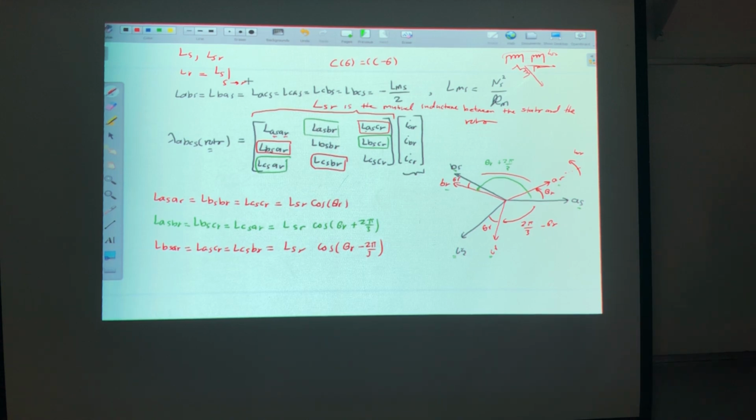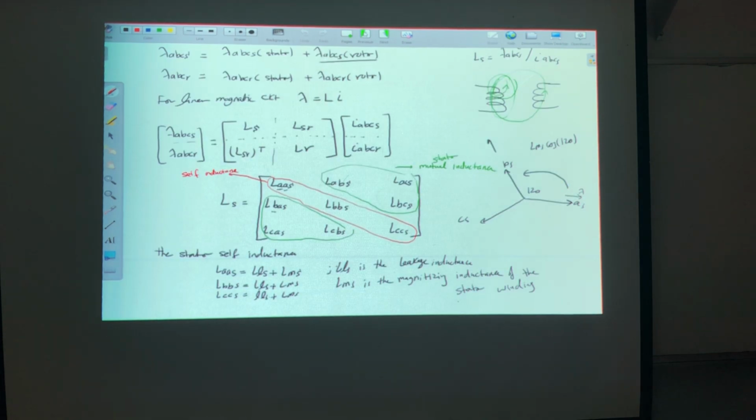So simply here, if I came back here, what is it? You see the LS? This will be LR equal LAAR, LABR, and so on. So here, this will be LAAR equal LLR plus LMR.